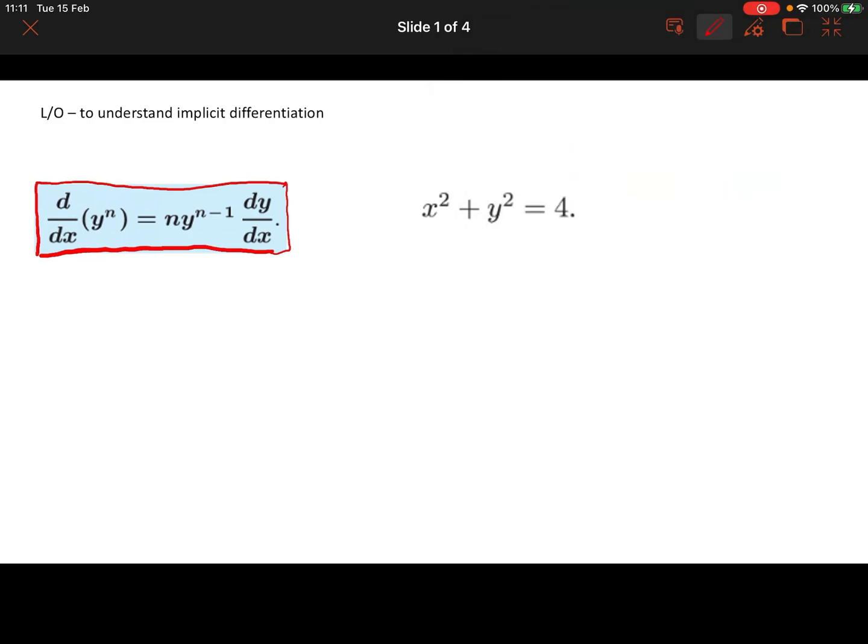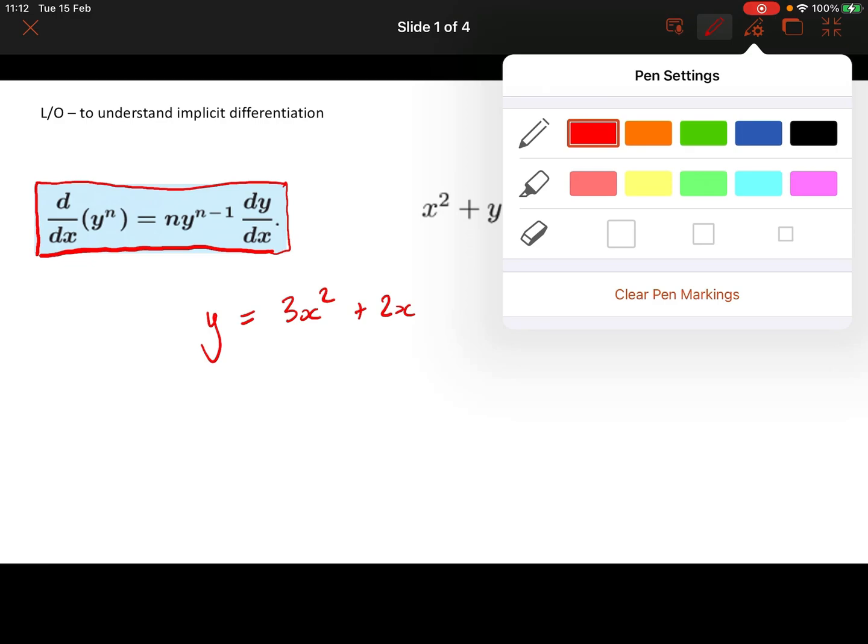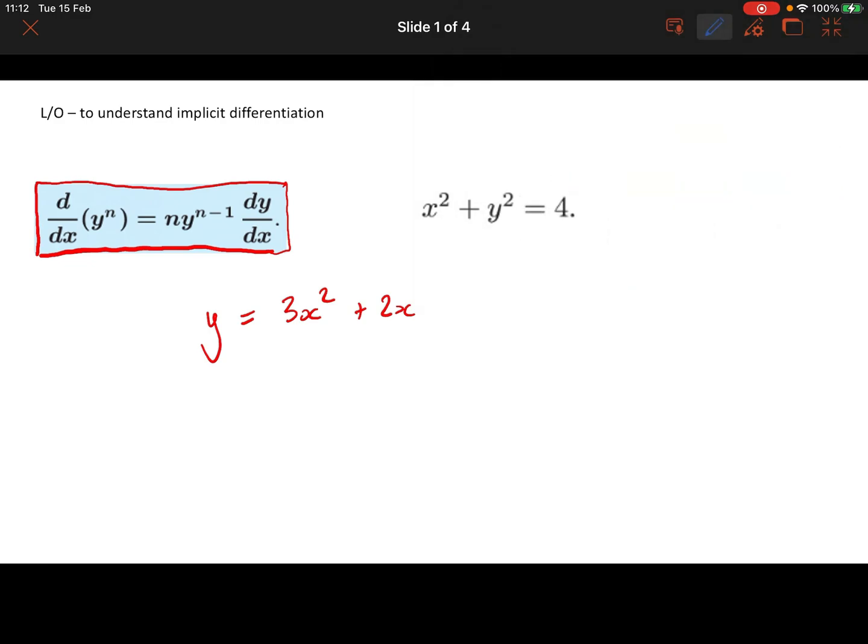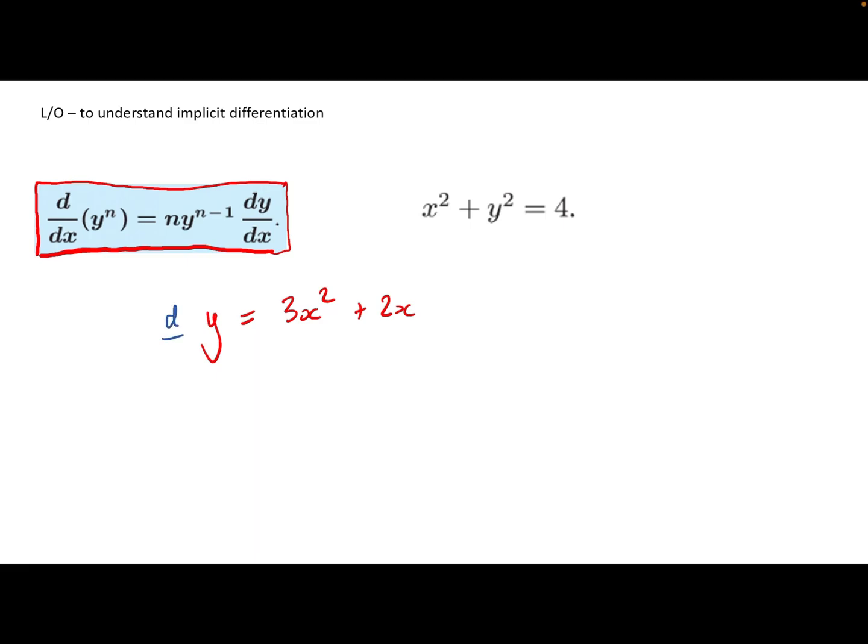Because if we take a normal easy function, let's say something like y equals 3x squared plus 2x, we can differentiate this implicitly as well. In fact, we have always been differentiating it implicitly. Because what we're going to do is we're going to do d dx of each bit.